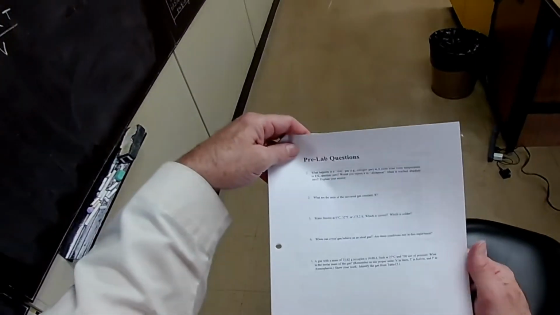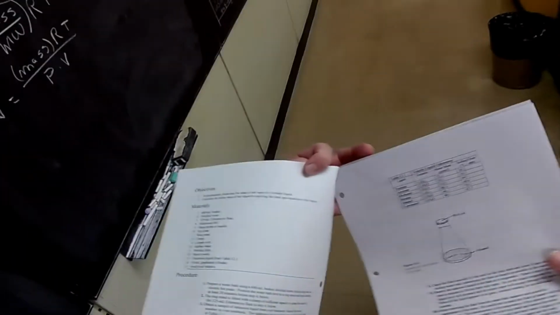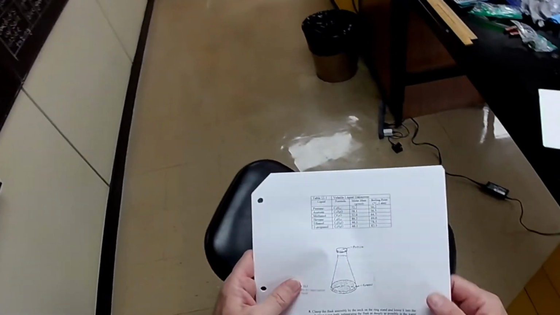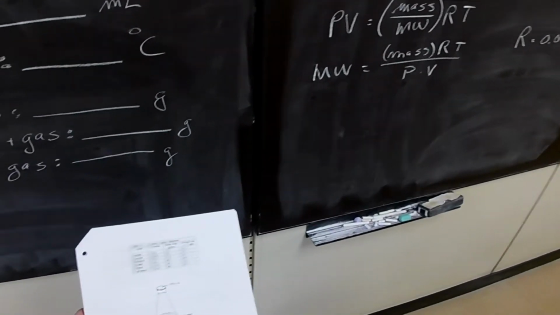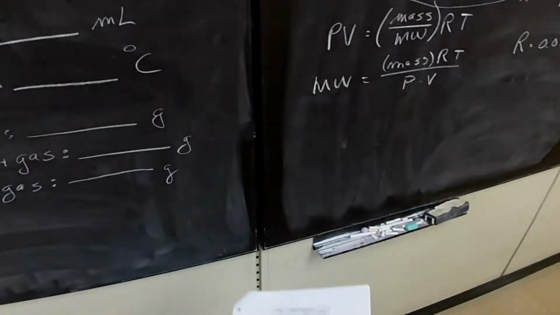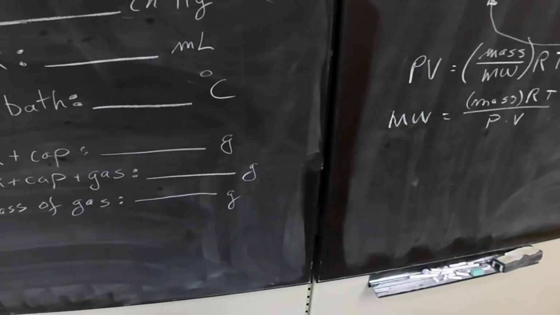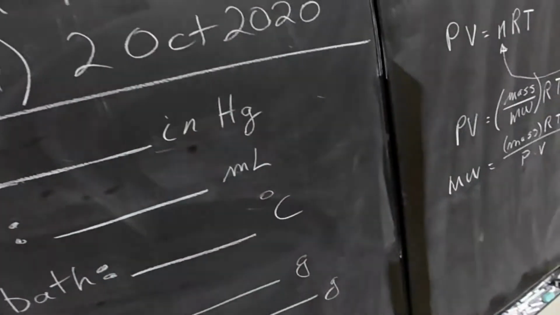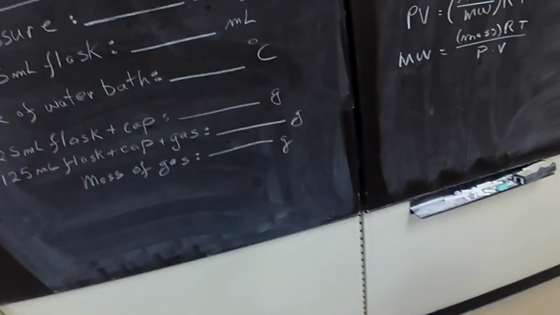Let's see. I'm not going to do the pre-lab questions. You can do those yourself. So here we have, once we determine the molar mass of the gas, you're not going to know what liquid it was that produced the gas. It has to be a volatile liquid, one that has a boiling point less than the boiling point of water. Right?